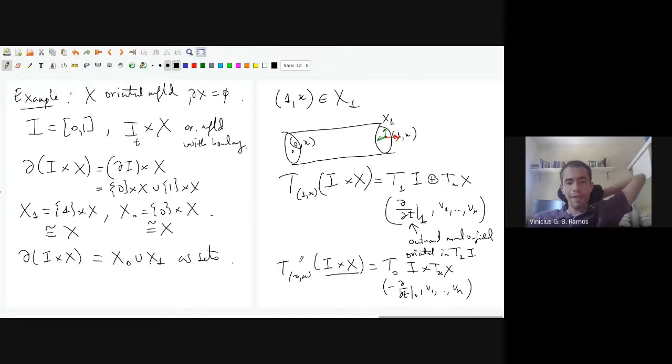So that means that this boundary point, the orientation of x0 that comes here, is going to come with a negative sign.